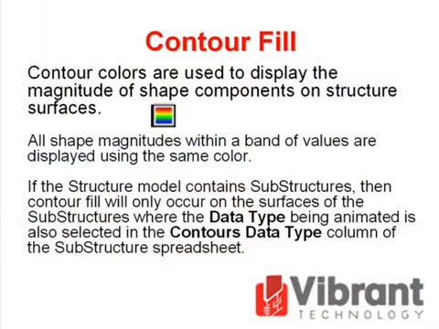Contour colors are used to display the magnitude of shape components on structure surfaces. All shape magnitudes within a band of values are displayed using the same color. If the structure model contains substructures, then contour fill will only occur on the surfaces of the substructures where the data type being animated is also selected in the Contours Data Type column of the substructure spreadsheet.